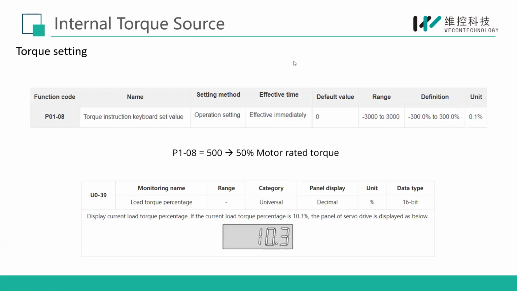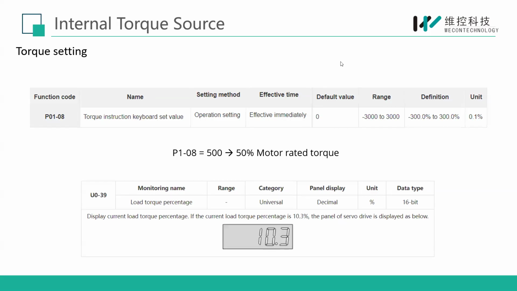How do we set the internal torque value? We use parameter P1.8. The unit is 0.1%. For example, if we set this value as 500, it means we are using 50% of the rated torque of our motor.